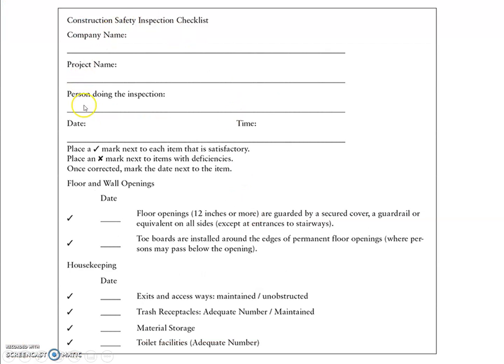So as an example, this is the form for the safety inspection checklist. As the checklist suggests, it describes certain items or situations, and it needs to be determined whether these situations or items have happened or exist on the job.